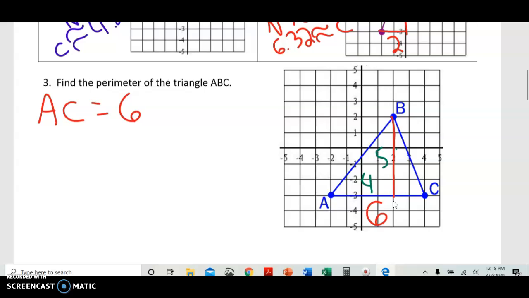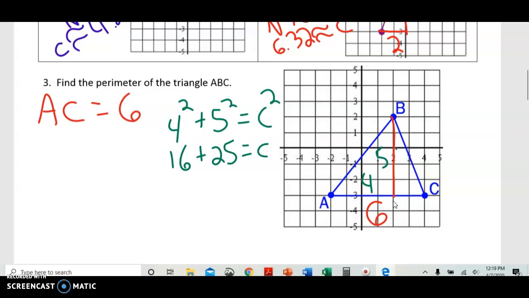All right, so in order to find AB, we are going to say that 4 squared plus 5 squared equals c squared. So we've got 16 plus 25 equals c squared. Then you're going to have 41 equals c squared.